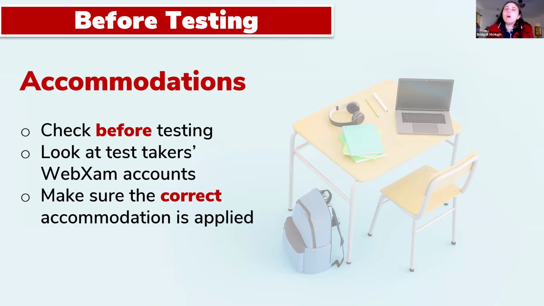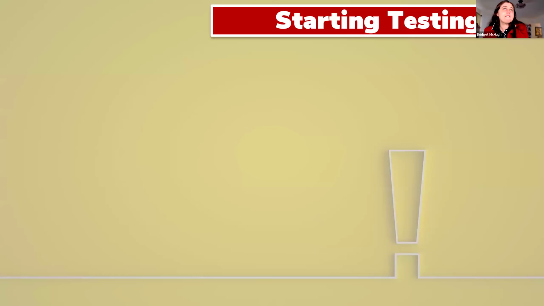For example, some non-standard requests are like if they need a test in Braille, that's something we need to know ahead of time because we don't typically have test forms available in Braille. So we're going to have to work with you to have that translated into Braille, for example. So just make sure to check that well before testing.